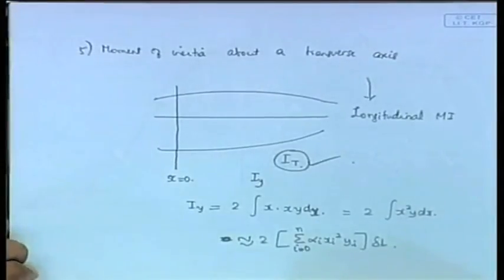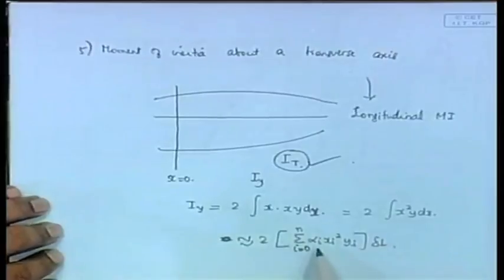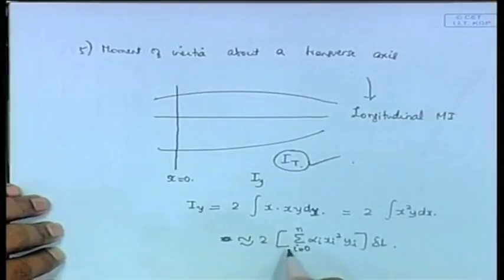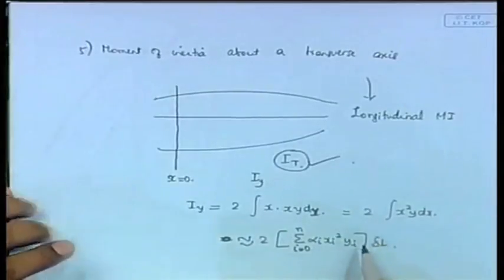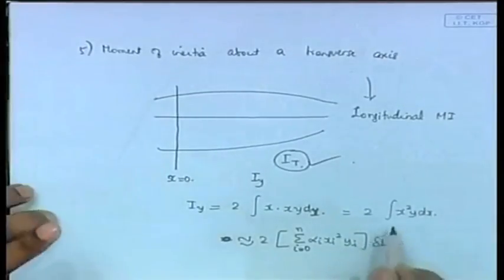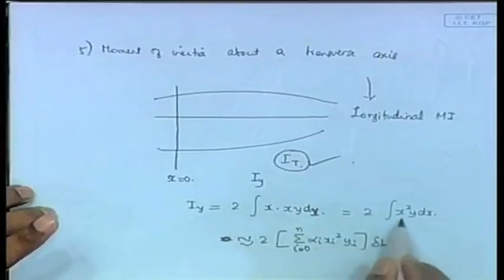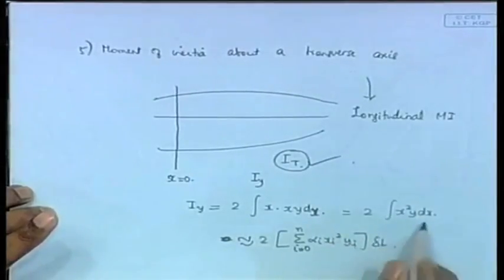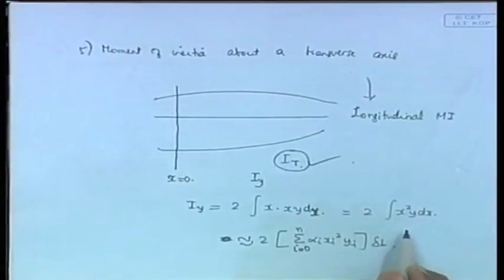I mean there is nothing to get confused in this, making this thing as discretizing it. That is 2 into the integral, one new term comes, the Simpson's multiplier. So that alpha i into x squared becomes x i squared, y becomes y i, and dx is delta L, the distance between two stations.